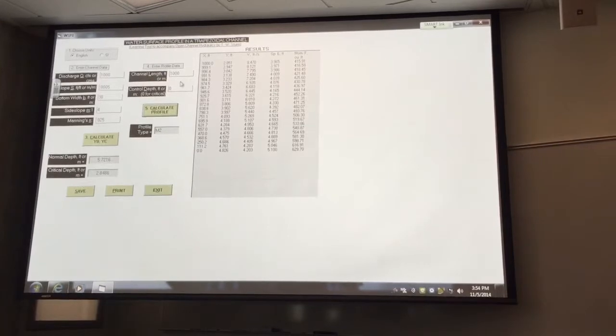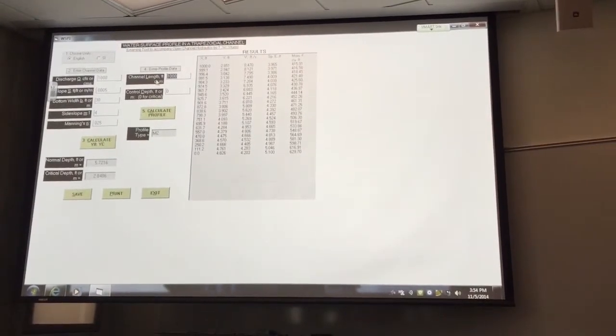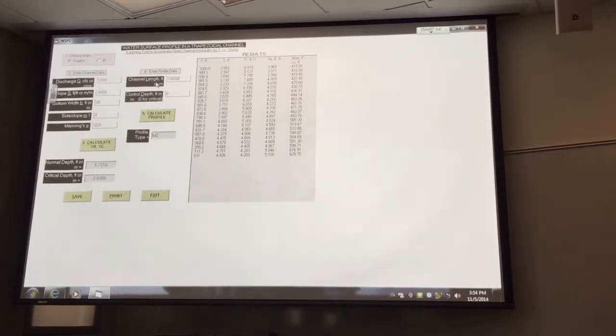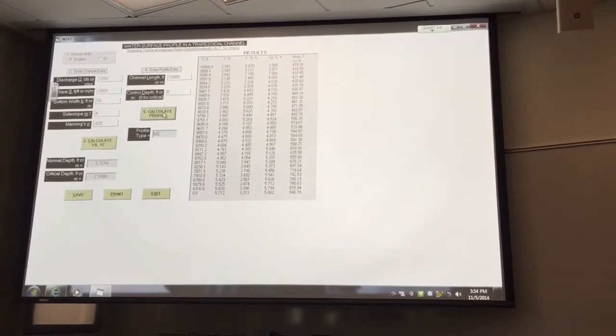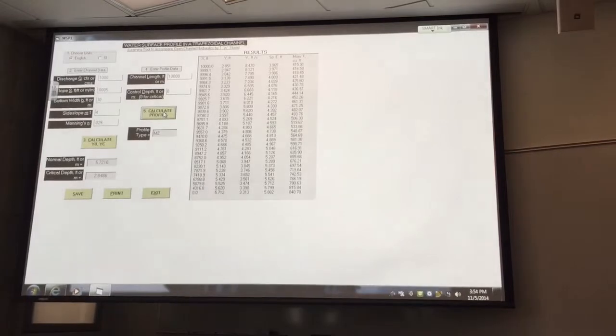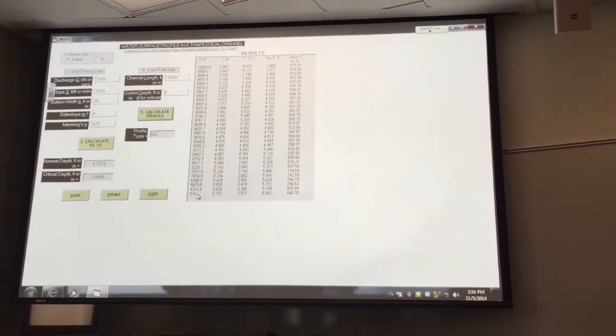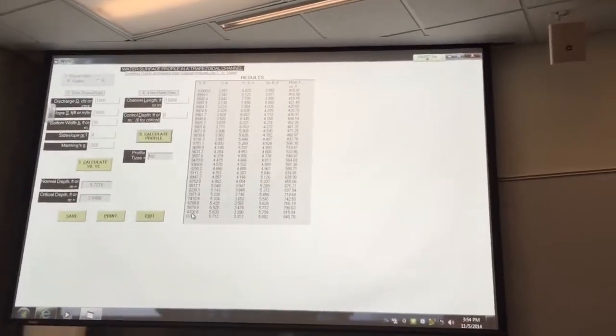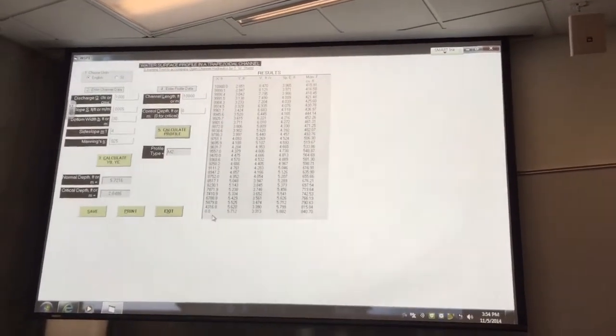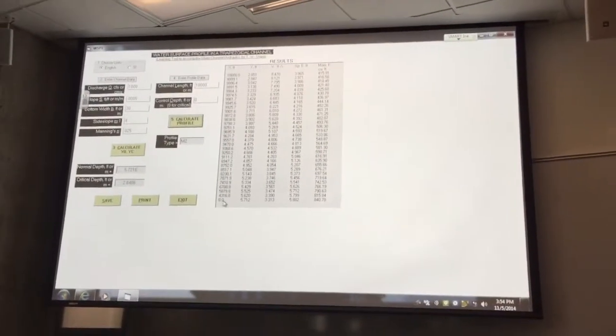Now, if I were to make this channel 10,000 feet long, still an M2 profile, notice that it still goes all the way to 0.